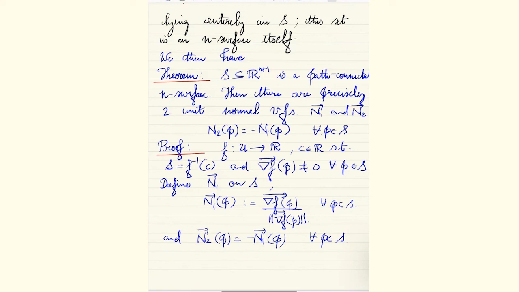Now what do we have to show? We have to show that these are the only two, because the content of the theorem is that there are exactly two unit normal vector fields. We already have two. We want to show that these are the only ones possible.